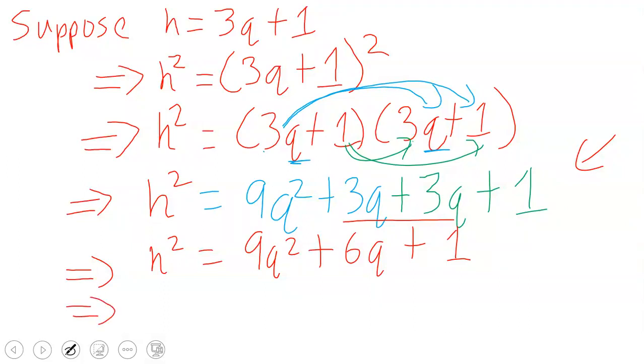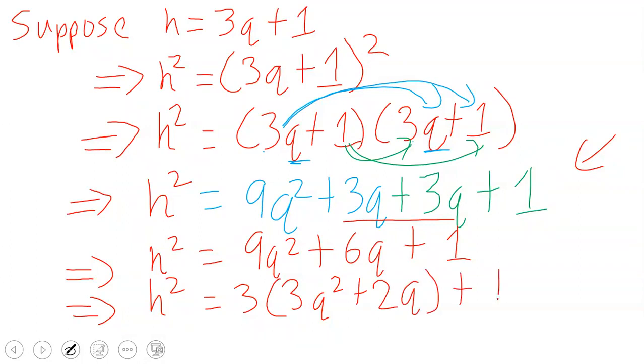And let's see if we can factor out a 3. If we factor out a 3, that'll be 3 open bracket, 3 times 3 is indeed 9q squared, plus 3 times 2 is going to give me the 6 that I need, q, plus 1.